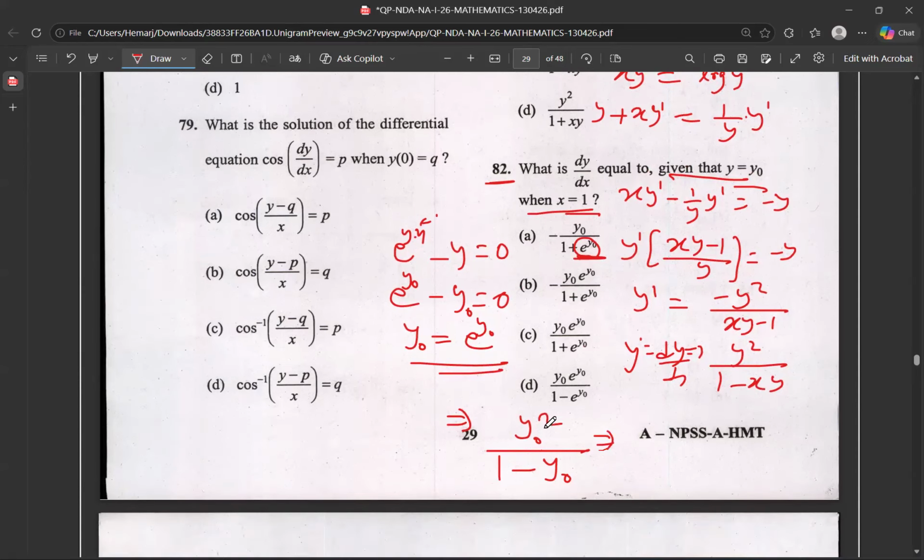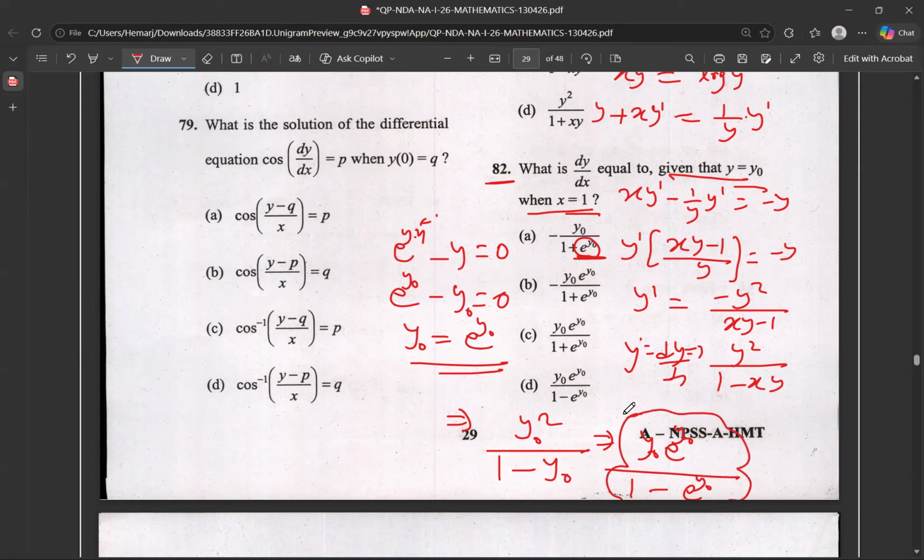So wherever you see y dash in the expression, the second y dash is nothing but e to the power y dash, because y dash, or I can say y0, is equal to e to the power y0 as per the given condition.